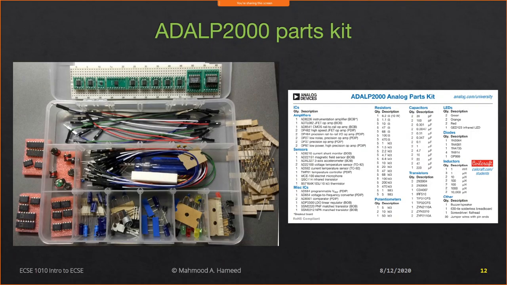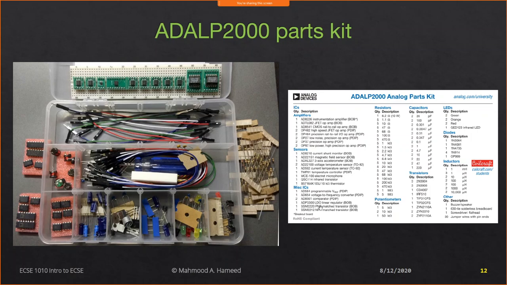The parts kit is very comprehensive. It's a very good parts kit. The things that are there in the parts kit are listed on the right over here. That's actually the picture. So if you look at the parts kit from the top, there is this picture that you see on the right. The complete list is actually pasted on top of the plastic box. It has various types of resistors of different values.